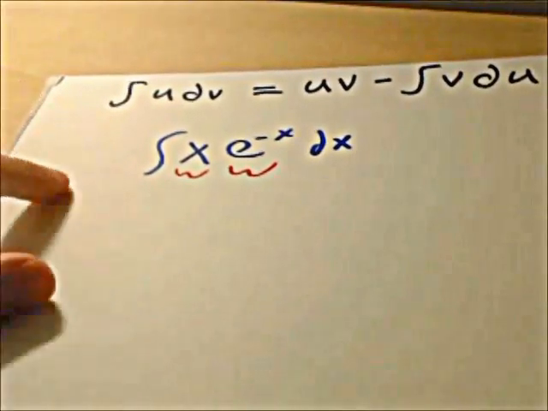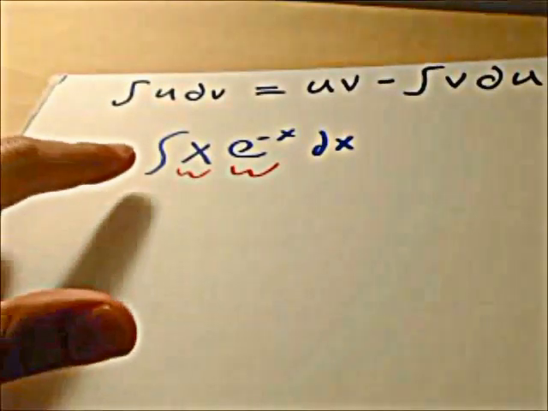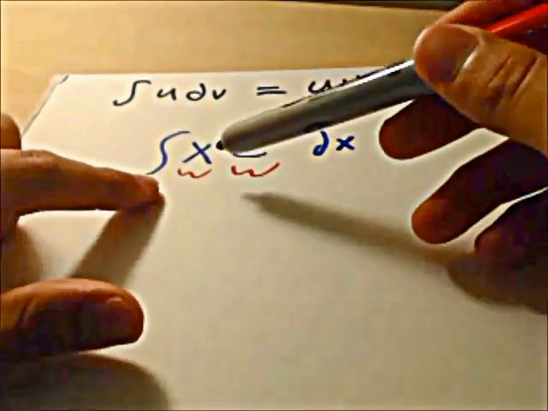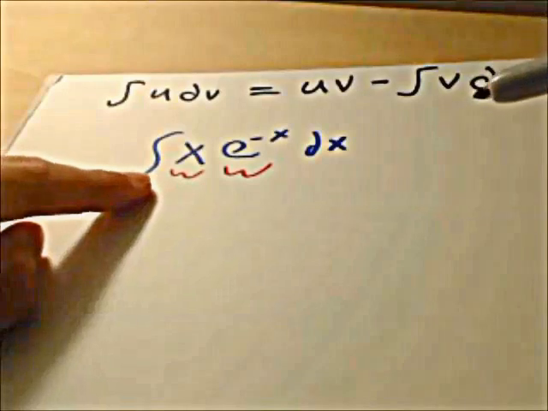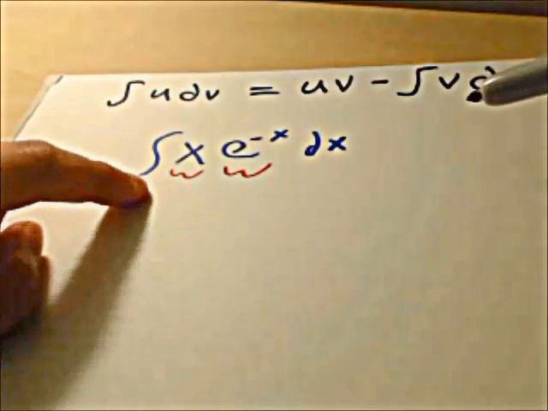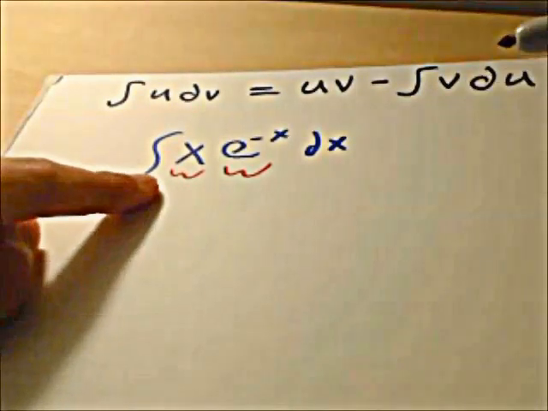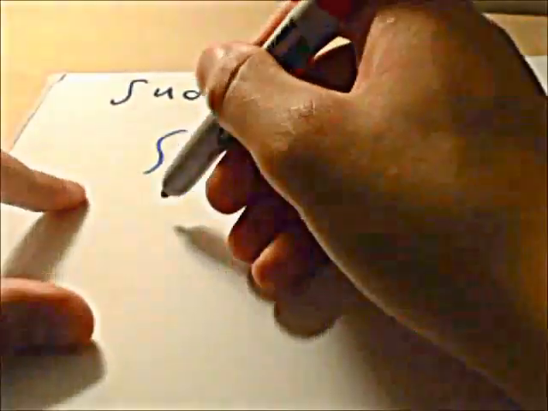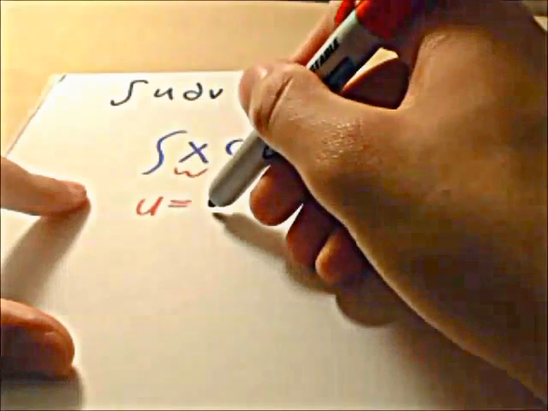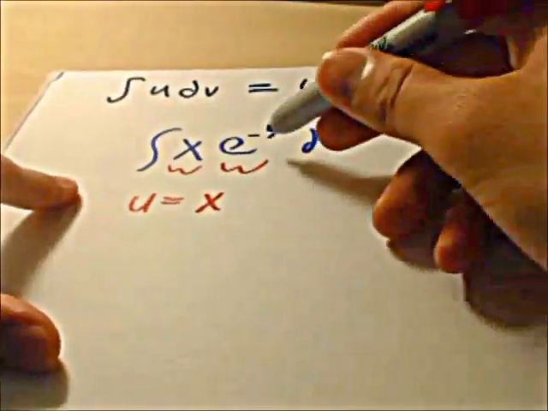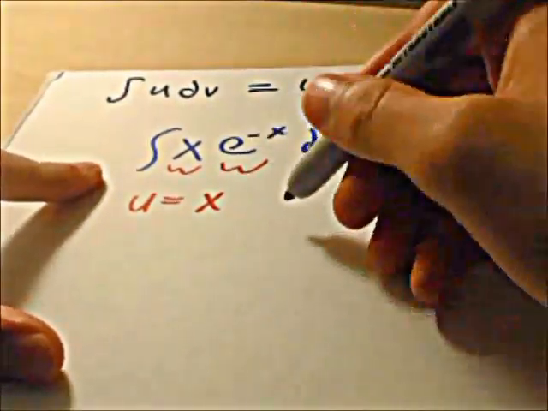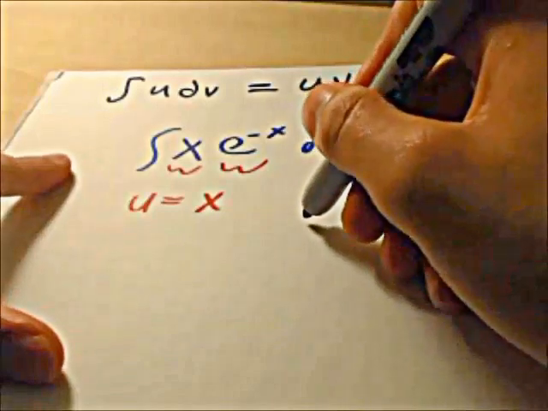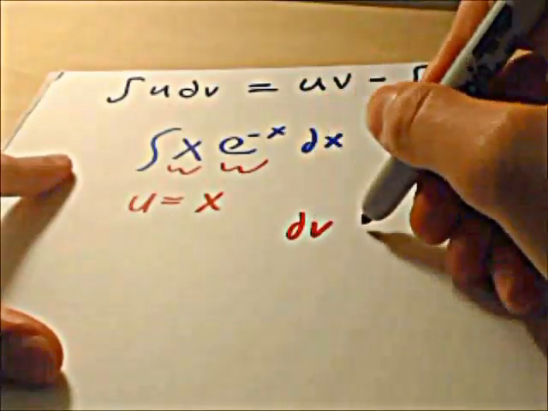This doesn't always work, but I usually pick u to be the term that is easier to differentiate, to take the derivative of. So in this case we've got x, so I'm going to call x u, and I'm going to call e to the power minus x dv.